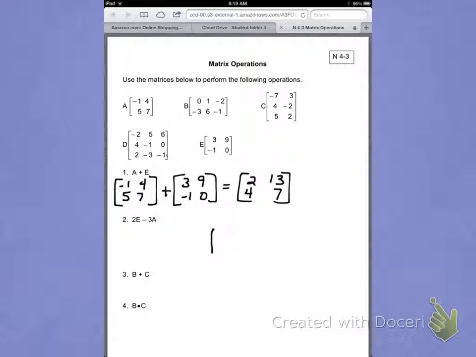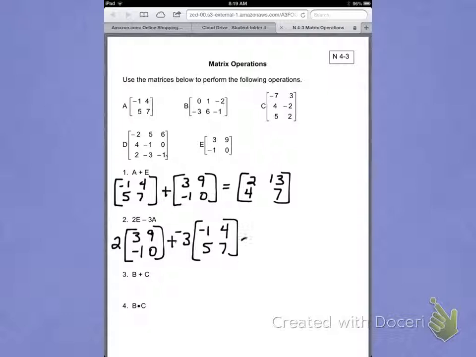Now on number 2 we've got a multiplication by a scalar. 2 times matrix E. So you have 2 times 3, 9, -1, 0. And I'm going to say plus -3 times, because it's minus 3A, -1, 4, 5, 7.